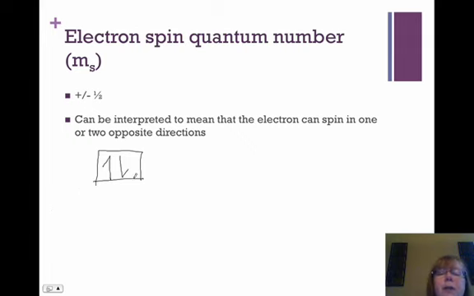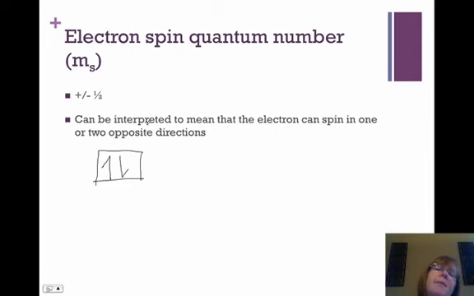These would be 2 electrons in the same orbital. That's the maximum that we can have in any orbital. The first electron would have a spin quantum number of plus 1/2, and the other electron would have a spin quantum number of minus 1/2.